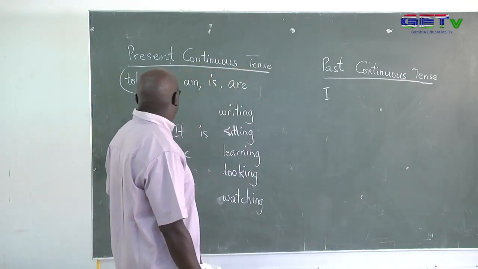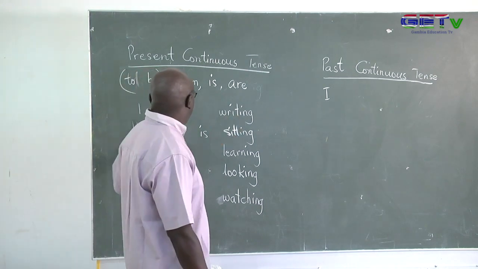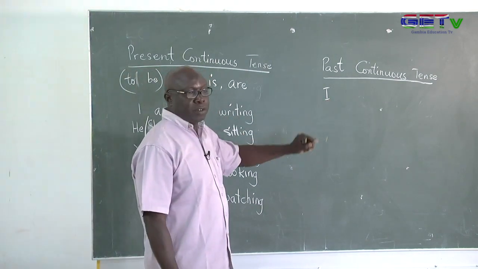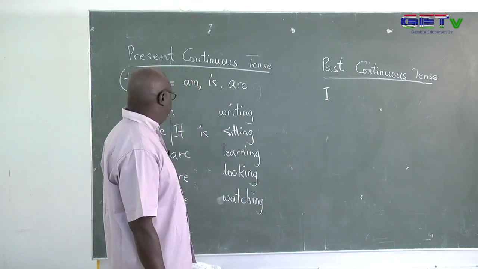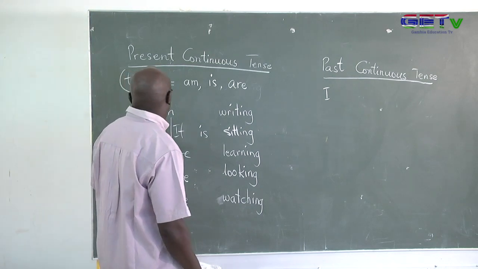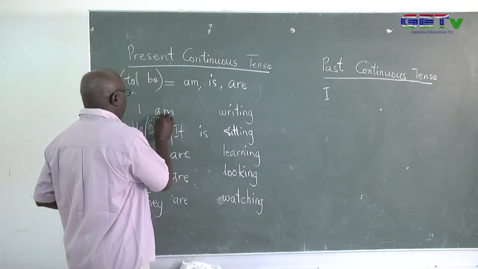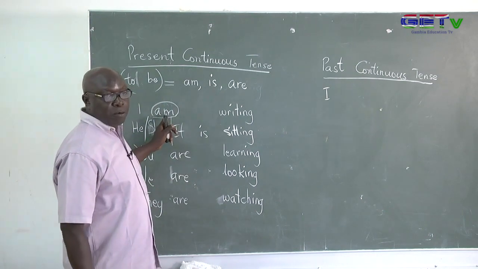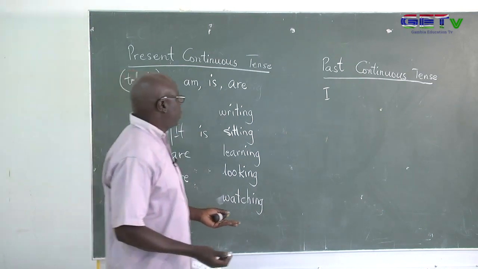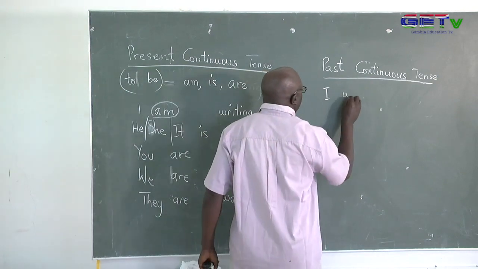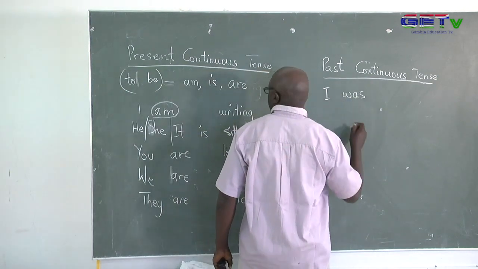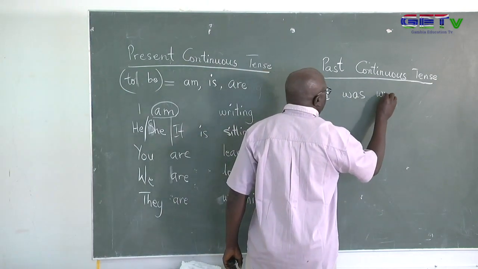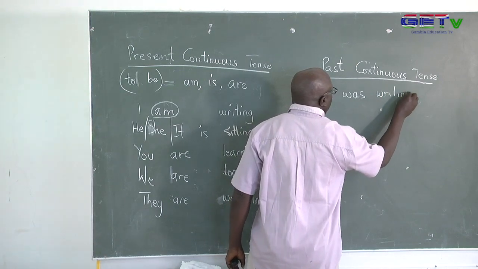If you want to change this sentence into the past continuous form, it is only the present form of the verb to be that changes. As simple as that. So, am becomes was: I was writing.